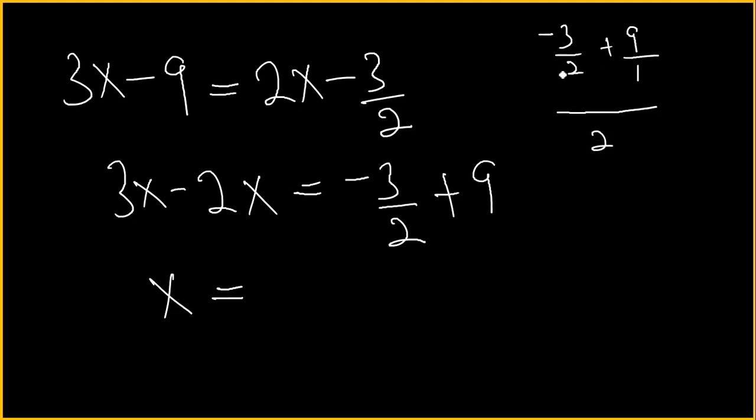So 2 into itself 1 times negative 3, 2 into 2, 2 by 9, which gives us 18. And then our result is 15 on 2. So we have x to be 15 on 2.